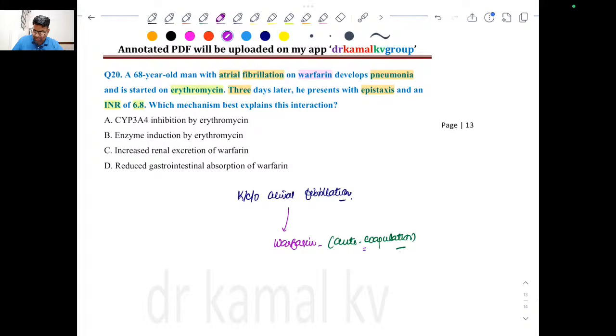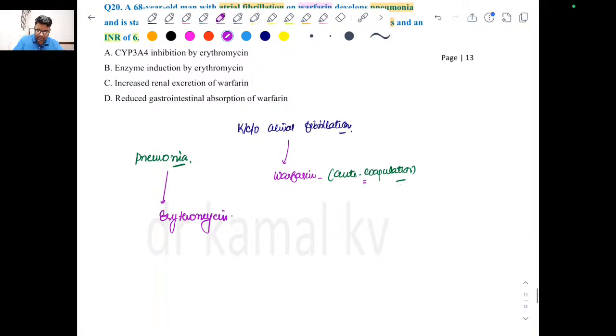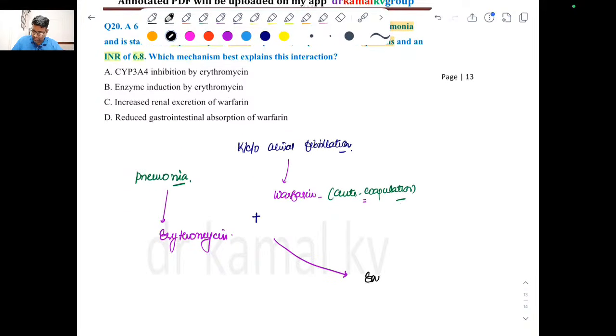So, he is on anticoagulation, but at the same time patient also develops pneumonia, and for pneumonia he was started on erythromycin. So, now the patient is taking two drugs, warfarin and erythromycin. Now, what happens later? Patient develops epistaxis.